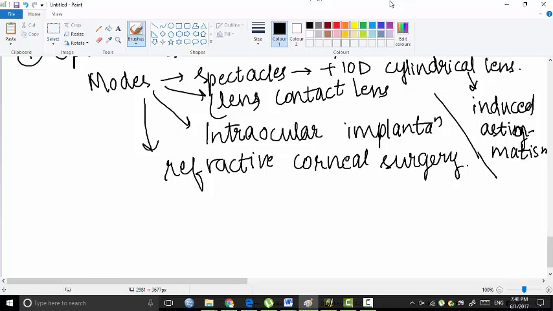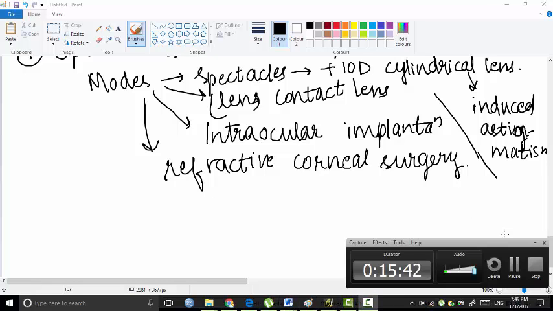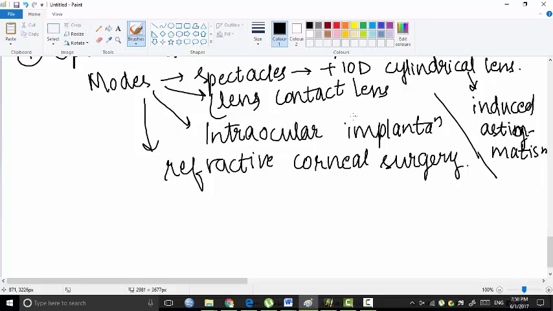We generally use intraocular lens implantation, which is the best way.